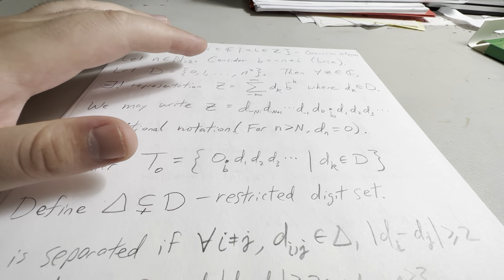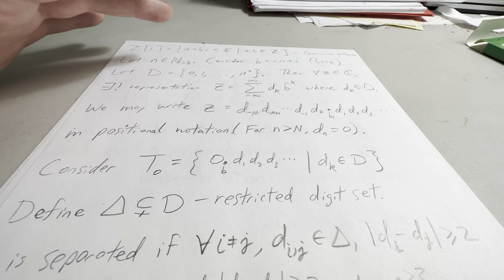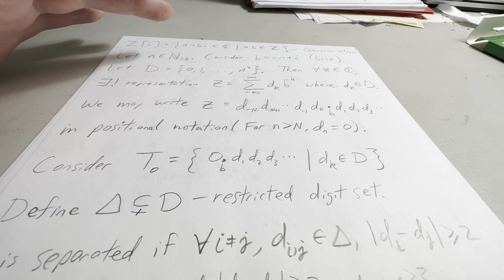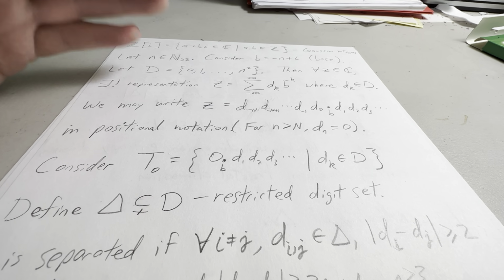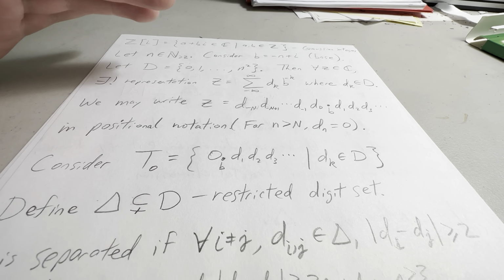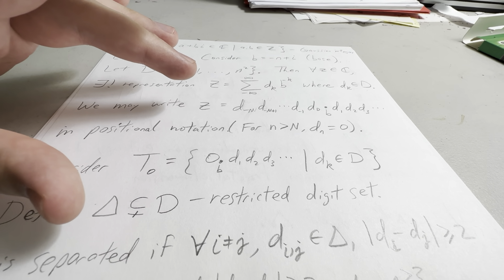So if B is -2 plus i, which was the example we used a lot in the paper, you end up getting a tile that's self-similar up to a factor of 5. So you have 5 digits, 0 through 4. It's hard to explain without drawing a picture of it.